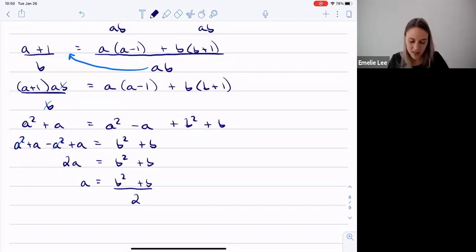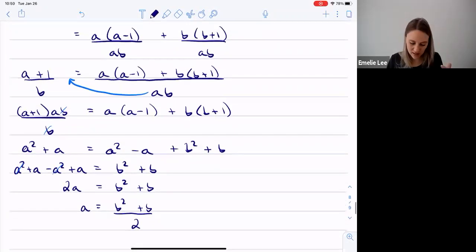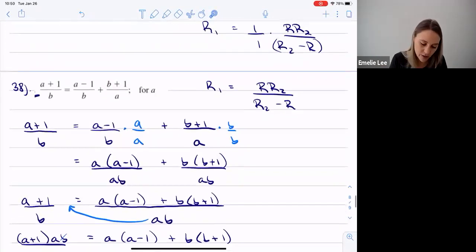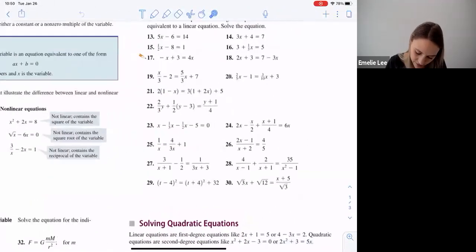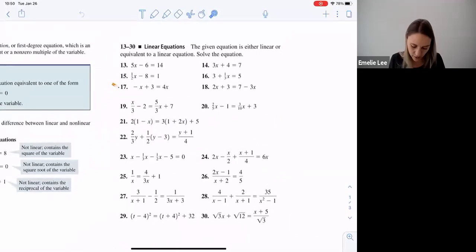Great. So this methodology that we used here, where you find your common denominator and then have a fraction equals a fraction, and then solve for whatever variable, you'll be able to use when you're solving linear equations.